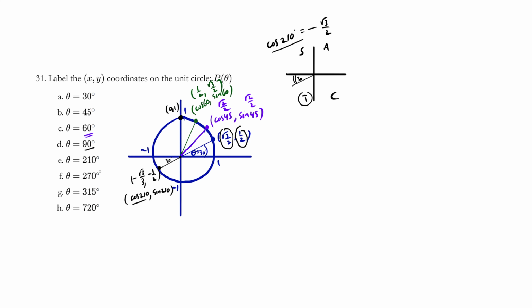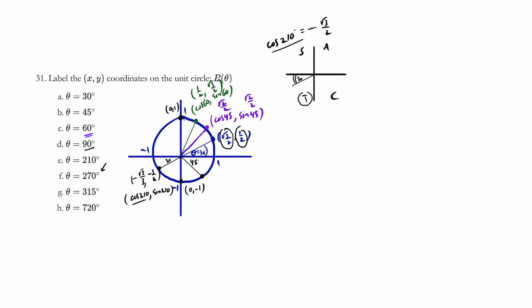Okay, so let's move on to 270. So 90, 180, 270 is down here. The answer is a quadrantal angle. It's pretty obvious. The answer is 0, -1. And what about 315? This is 270. 315 is around here, and the reference angle would be 45 degrees.